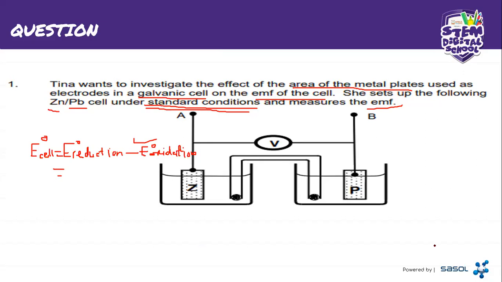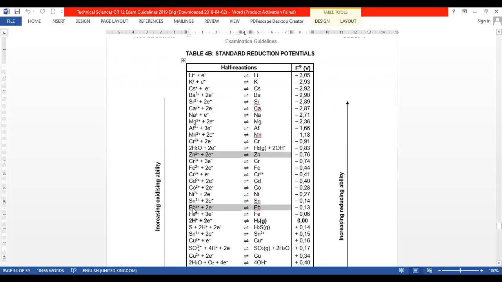We check again. Lead is at the bottom, so it undergoes reduction. Zinc is at the top, it undergoes oxidation. We've talked about that. So the reduction potential of lead is negative 0.13, and that of zinc is negative 0.76.